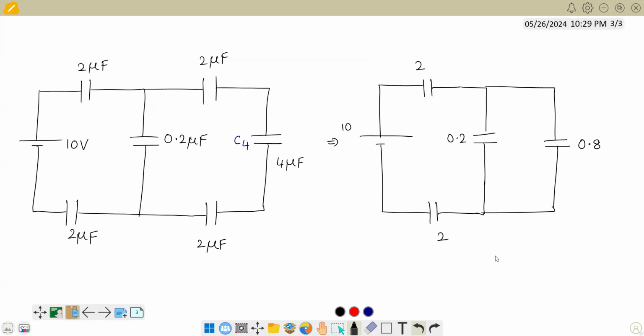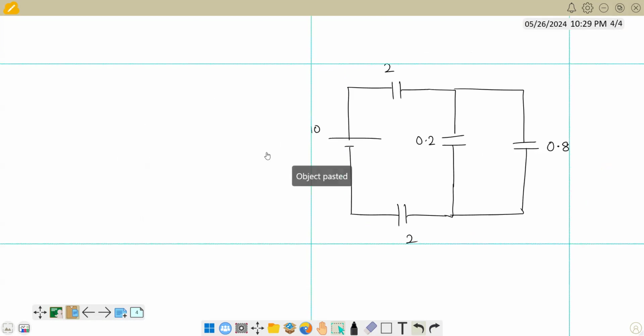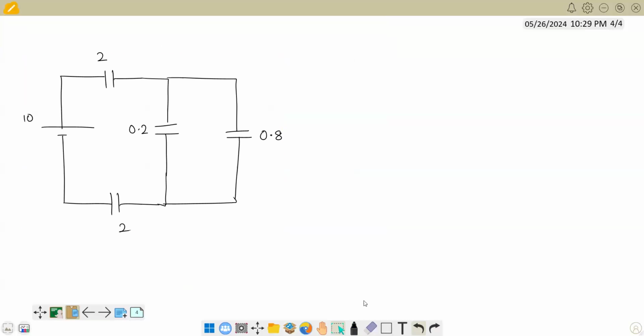Since they are in parallel, C parallel would become 1 microfarad. Now again, we can redraw this entire diagram. Let me do it in the next page. In place of this, I can erase this and write 1 microfarad.